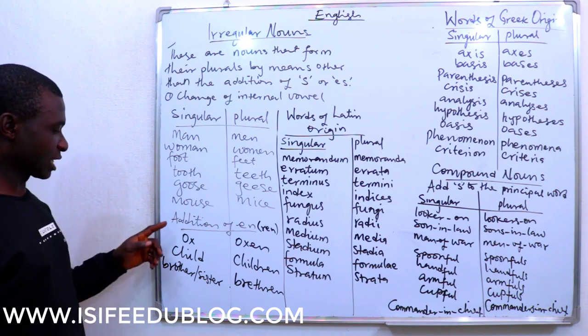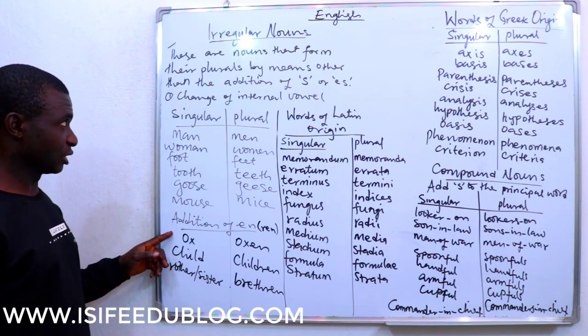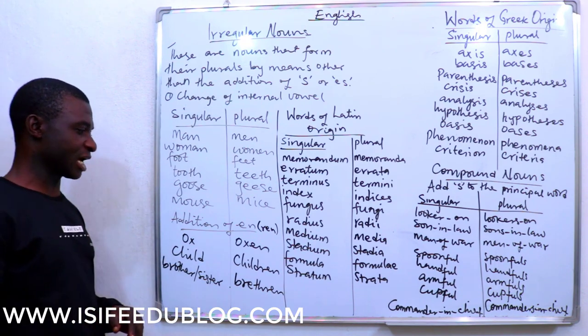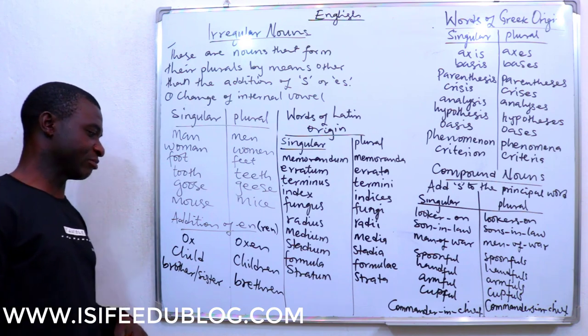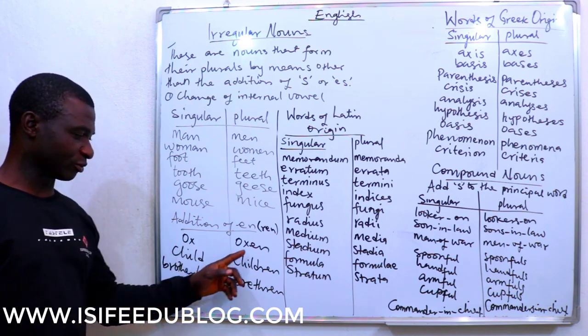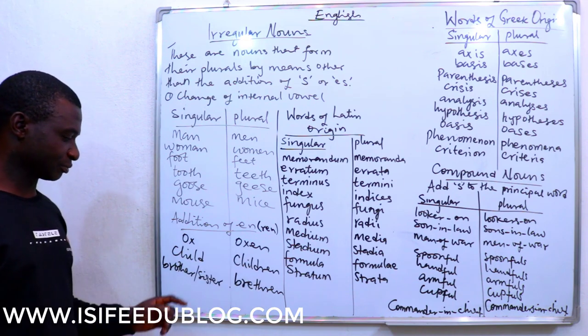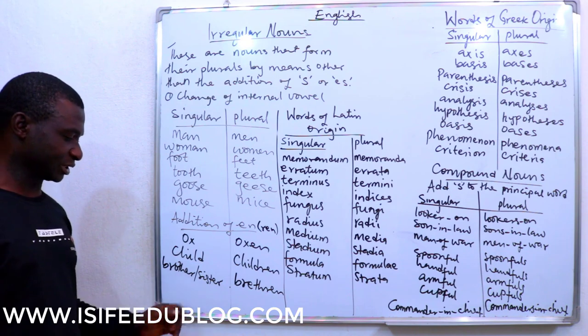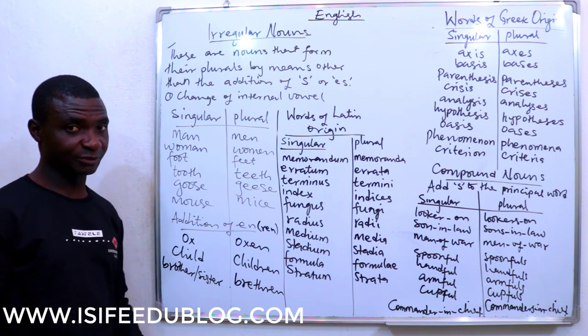Alright? Then we can also form plurals under the irregular nouns using the EN or the REN morpheme. So the word ox, the plural form becomes oxen, child or children, brother or sister in religious parlance.